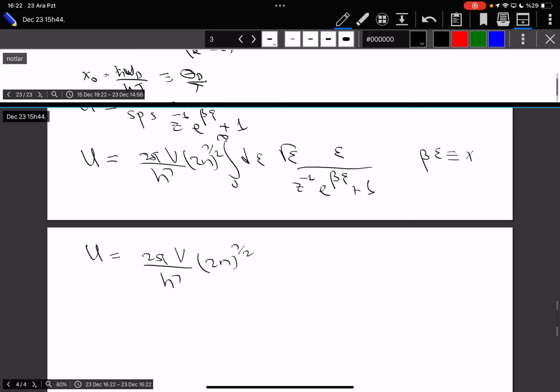If we make that change of variable, we will have kT to the power 5 over 2, and then 1 over gamma 5 over 2 times f 5 over 2 of z.